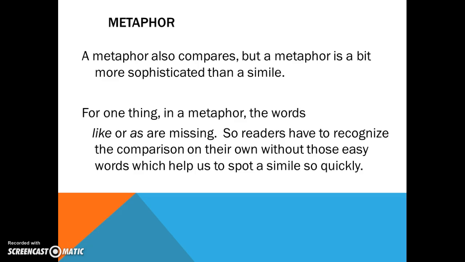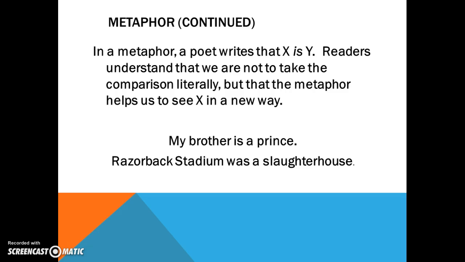A metaphor is very similar to a simile, but a metaphor is a little bit more sophisticated because we take out those words like "like" or "as." Say something is like something else. In a metaphor, a poet would write, X is Y. It's absolutely not literal. X is not Y. You want to think about that.